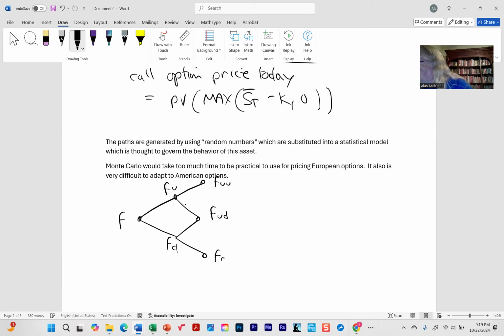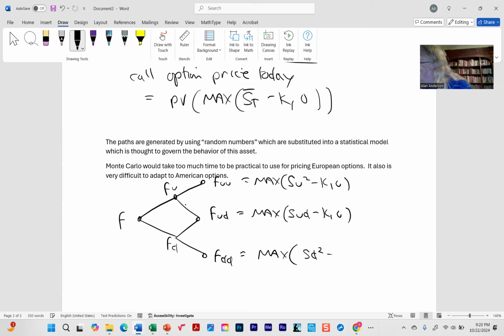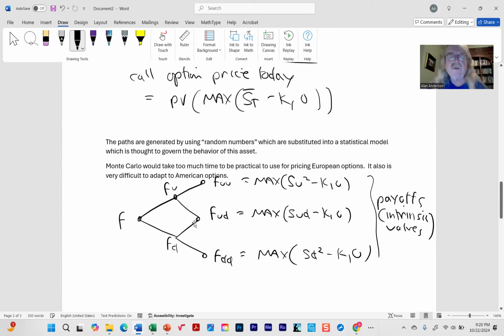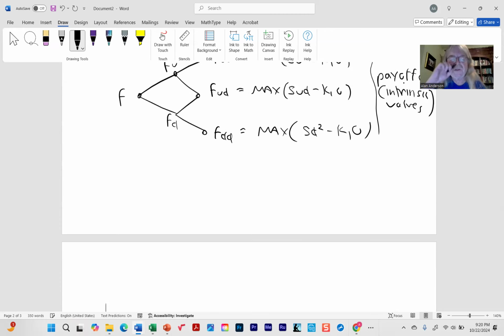So once again, just a quick reminder that this is a two-period call option model. These are the payoffs or intrinsic values. And then, of course, the interior nodes, we use the technique we were just looking at a few minutes ago.